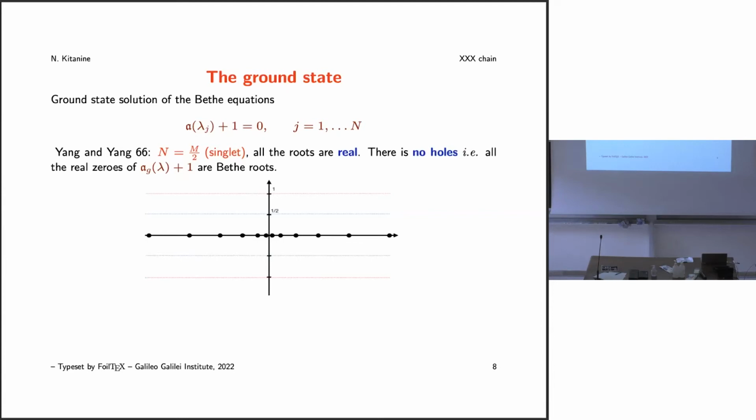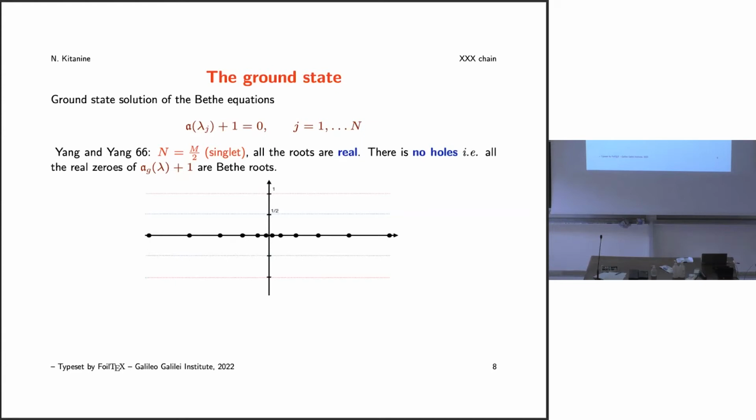So there is no real value of lambda which will satisfy also this equation. There is no mu on this real line which will satisfy a(mu) plus 1 equal to 0. Such points we'll call holes in the future. So for the ground state, there are no holes. The real line is filled. There are no complex roots, and the number of Bethe roots is m/2. So it's a singlet state from the point of view of SU(2) symmetry.